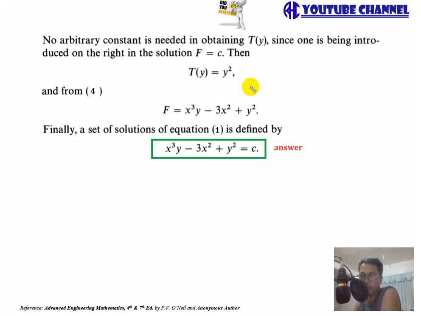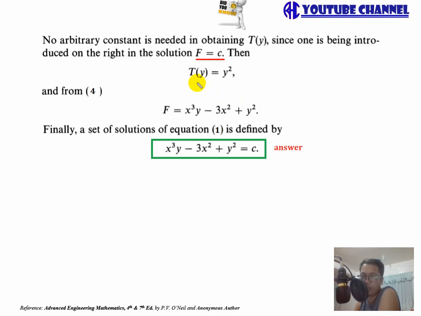Okay, let's continue. Ito nga, no arbitrary constant is needed in obtaining t of y, since one is being introduced on the right in the solution of the function f is equals to constant. Yun ang dahilan kung bakit hindi na tayo kailangan maglagay ng constant.